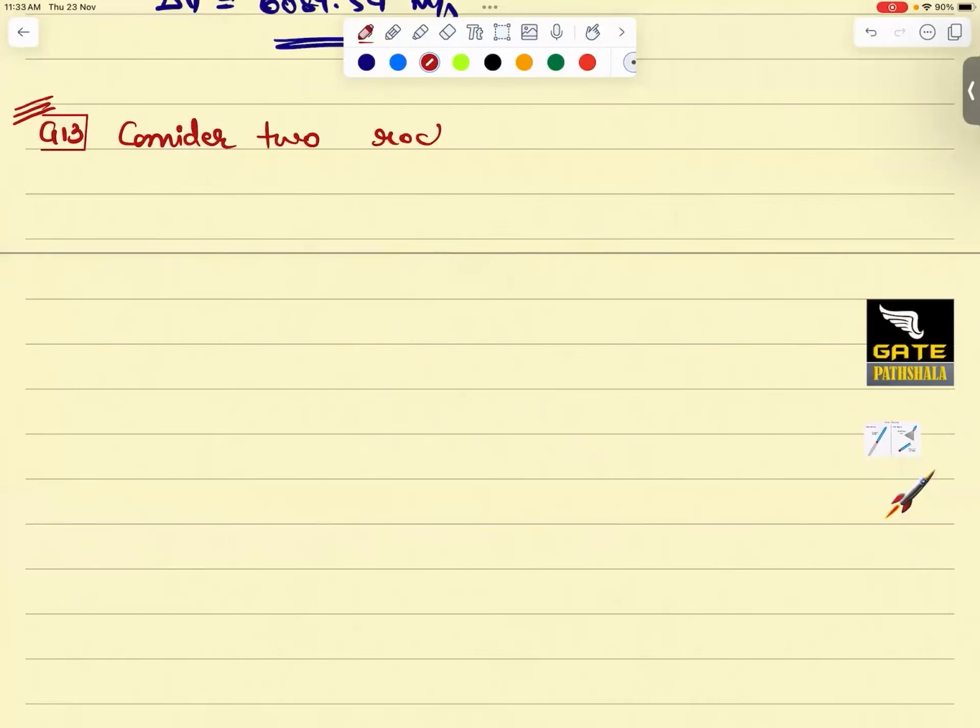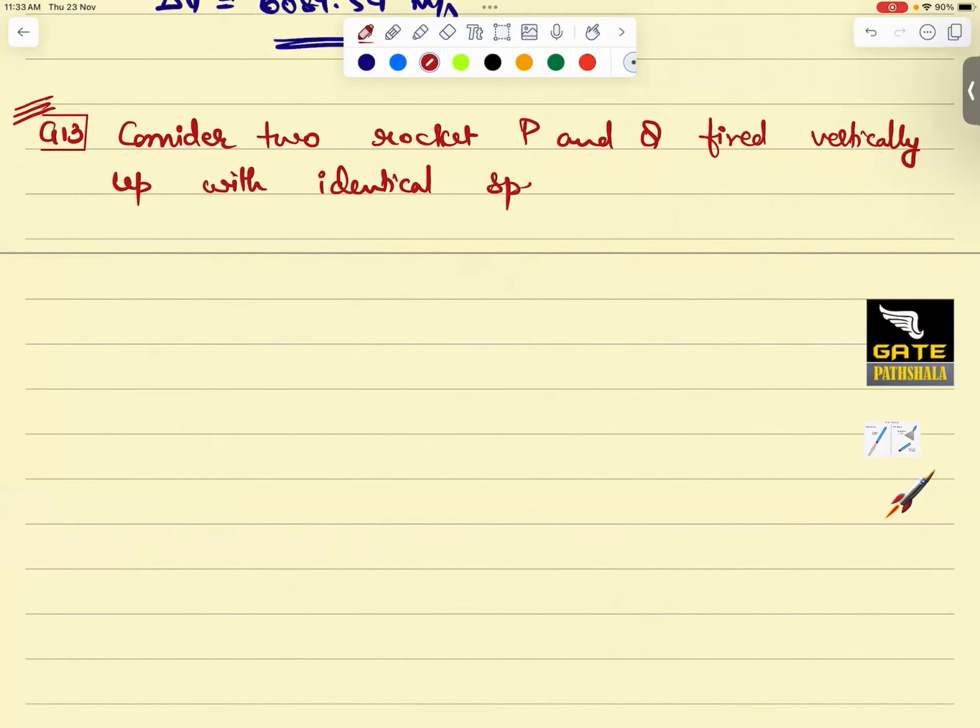Consider two rockets P and Q fired vertically up with identical specific impulse and payload of 2 kg.